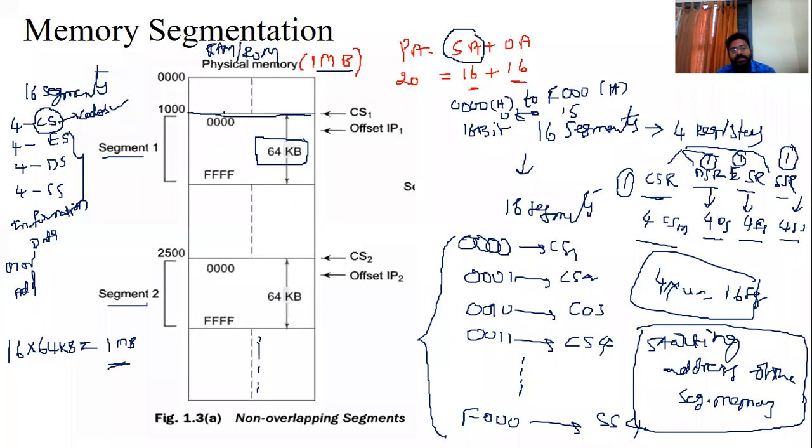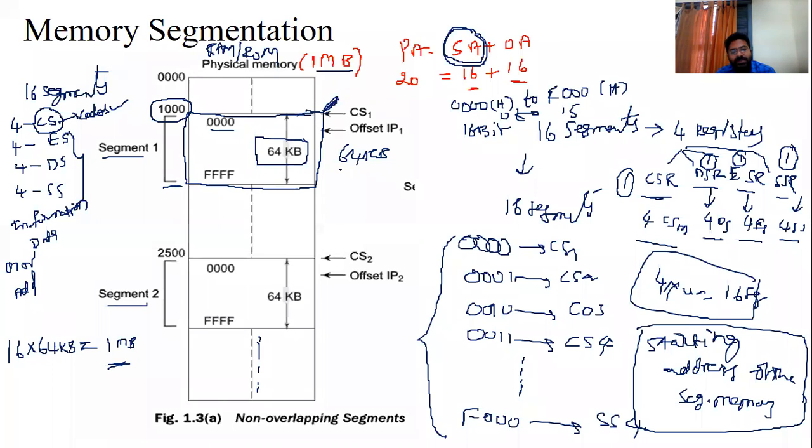Now see this. This is one segment. This is one segment. Each segment's memory size is 64K. So the segment address will identify the starting address. Remember, the starting address only. Once it identifies the starting address, up to the ending address is this one.